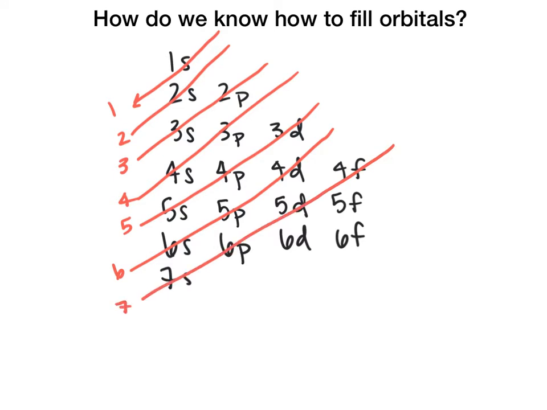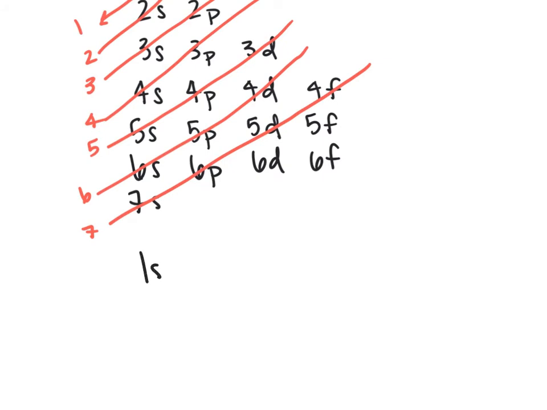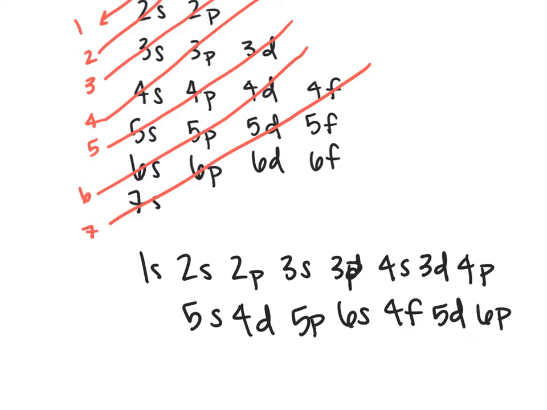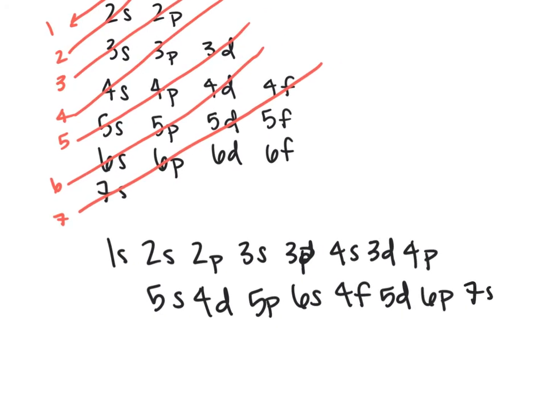So you can fill them in order of 1s, 2s, 2p, 3s, 3p, 4s, 3d, 4p, 5s, 4d, 5p, 6s, 4f, 5d, 6p, 7s, etc. So this is well and good.